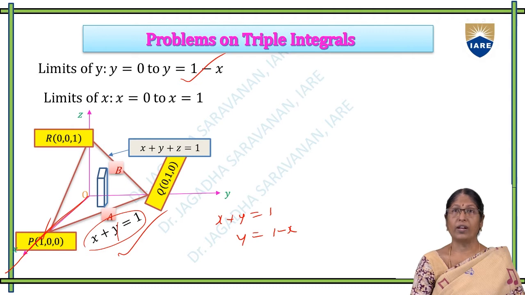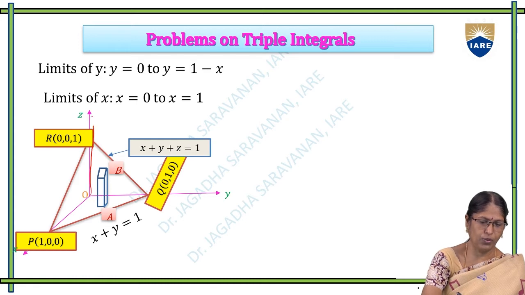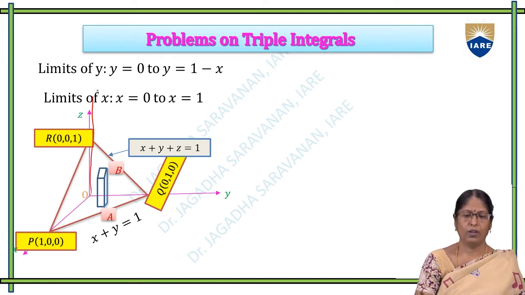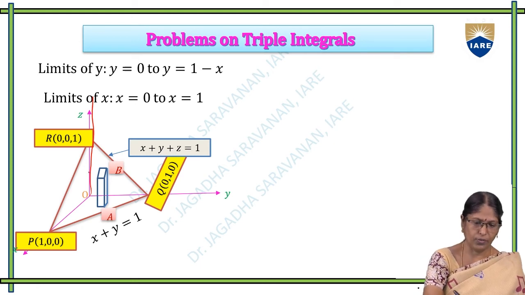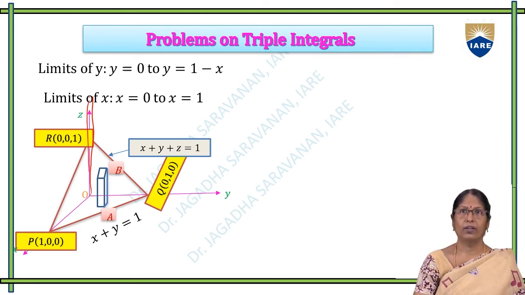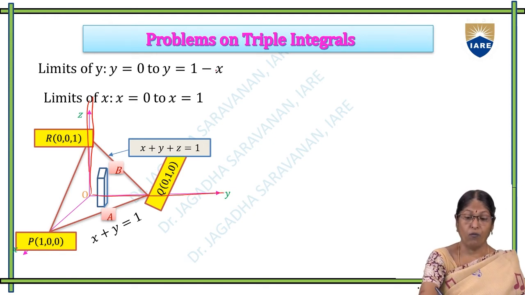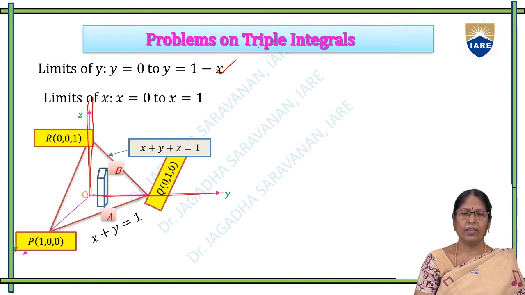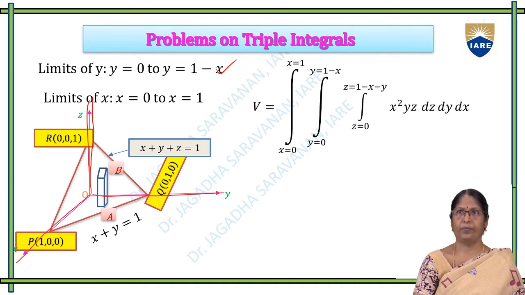So now our limits for the triple integral: for the z dimension, 0 to 1 minus x minus y; for the y dimension, 0 to 1 minus x; and for the x direction, 0 to 1.